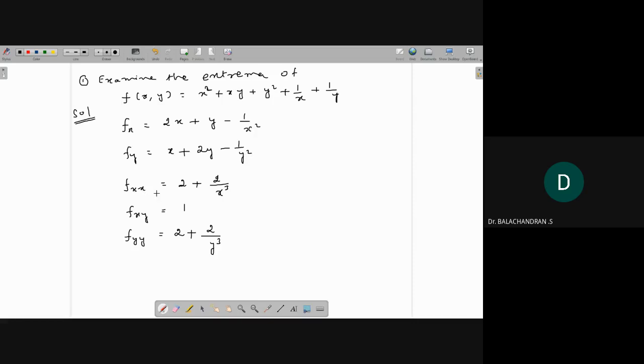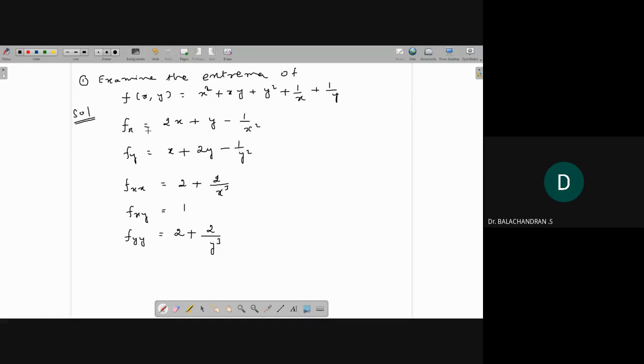Fxx: if you differentiate partially with respect to x, you get 2, and differentiating minus 1 by x square with respect to x, you get plus 2 by x cube. Fxy: if you differentiate fx partially with respect to y, this is 0, this is 1, this is 0. Fyy: from fy, I got fyy. This is 0, this is 2, and here we'll get plus 2 by y cube.